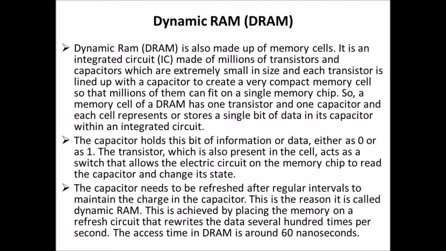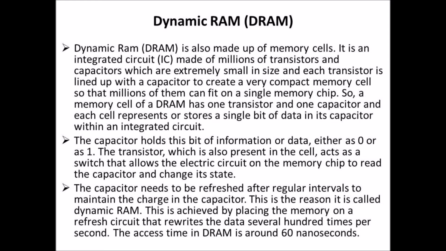So, a memory cell of a DRAM has one transistor and one capacitor, and each cell represents or stores a single bit of data in its capacitor within an integrated circuit. The capacitor holds this bit of information or data either as 0 or as 1.